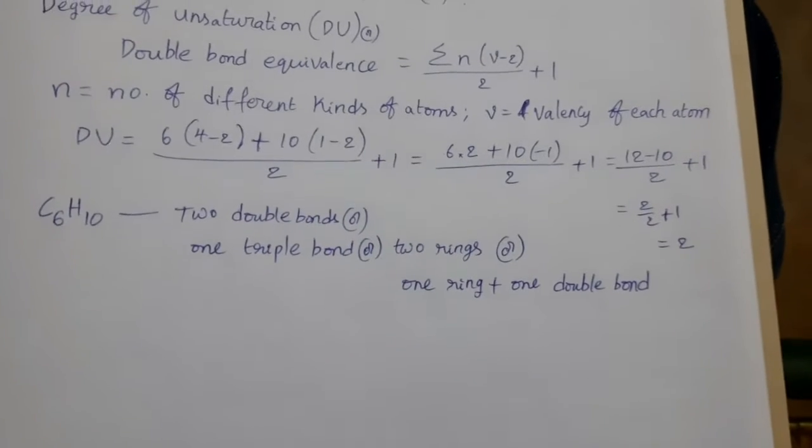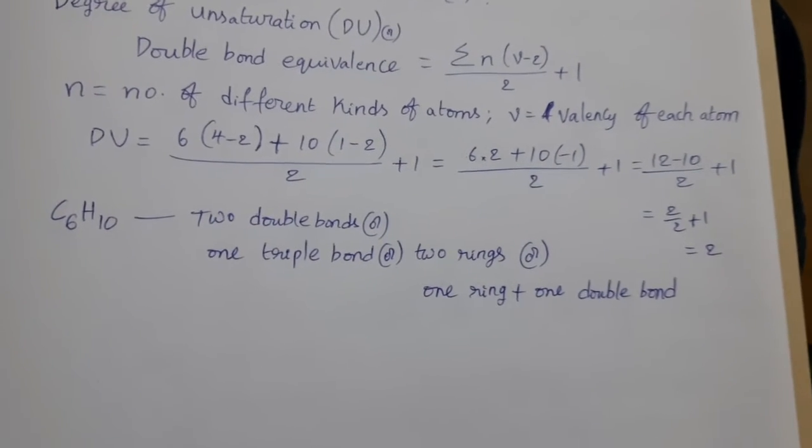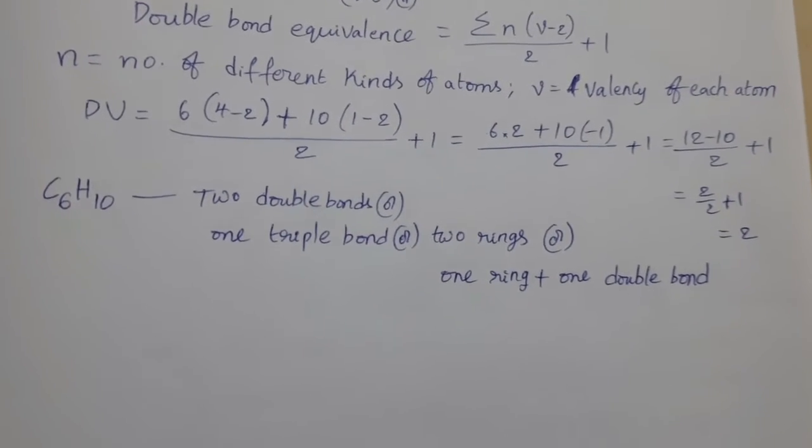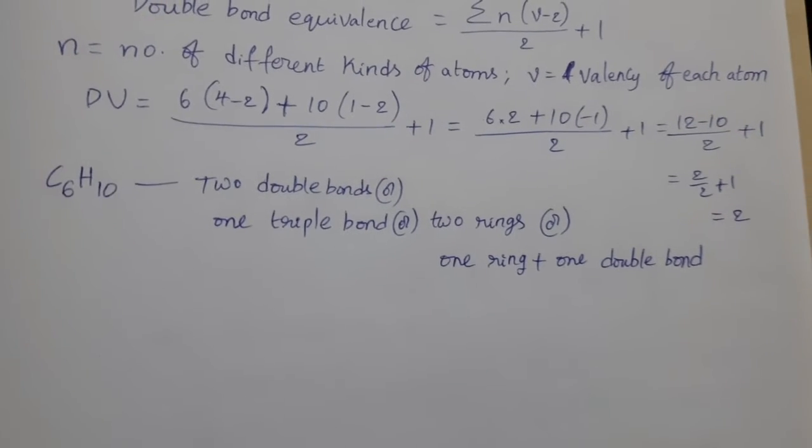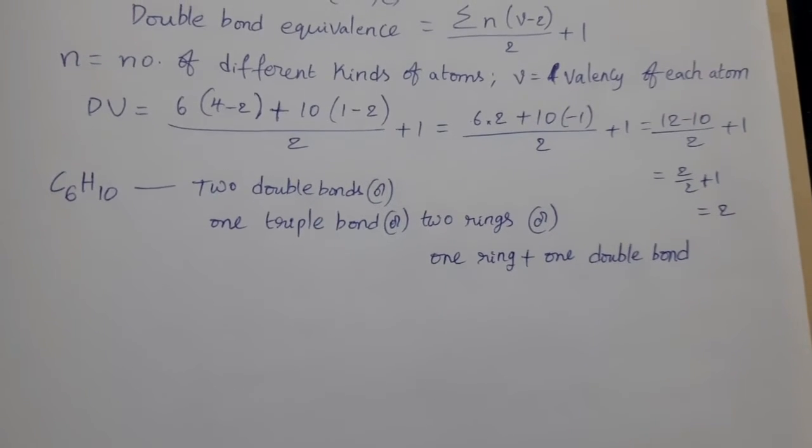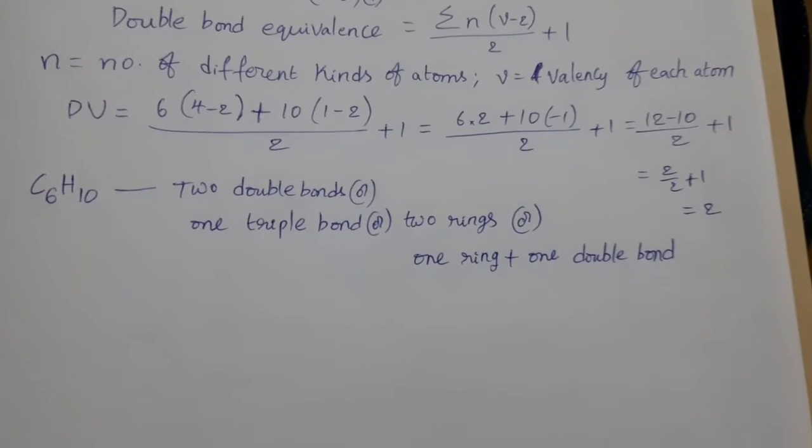So based upon the degree of unsaturation, we can predict 2 double bonds in this compound, or 1 triple bond, or 2 rings, or 1 ring plus 1 double bond.